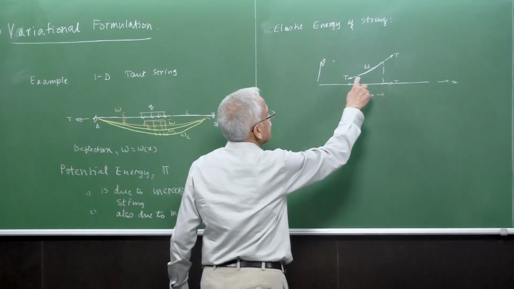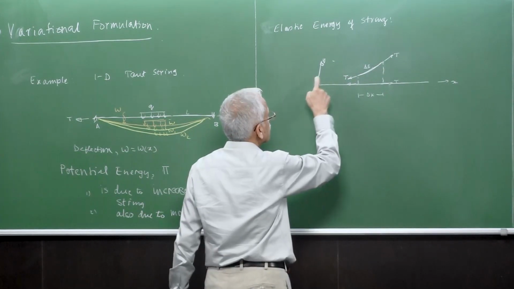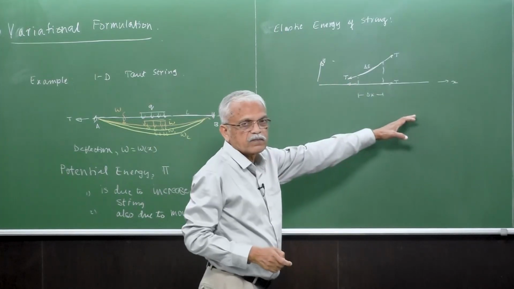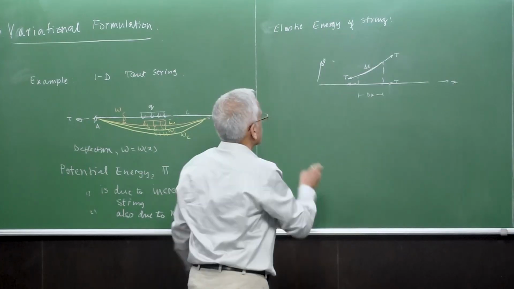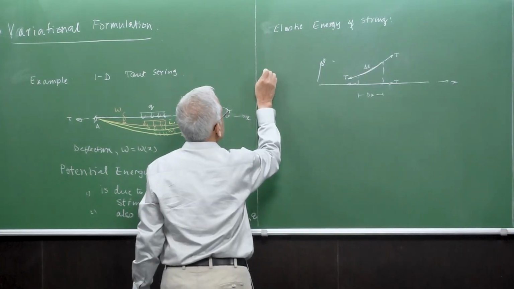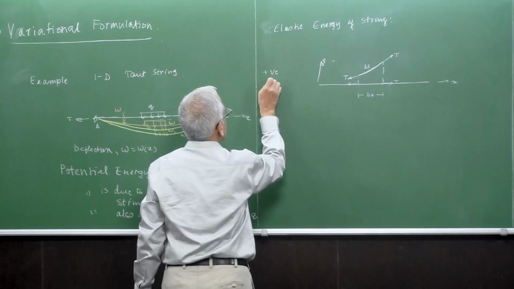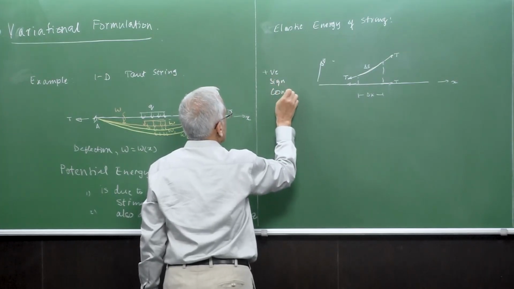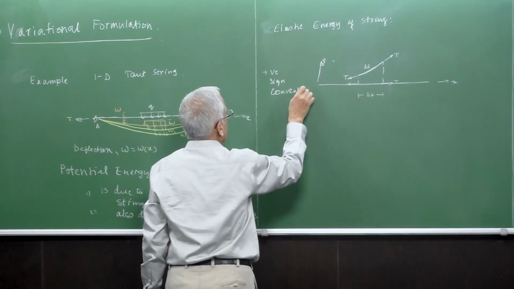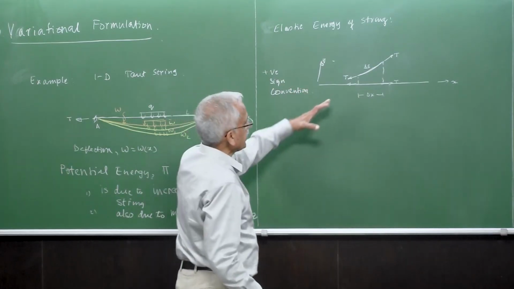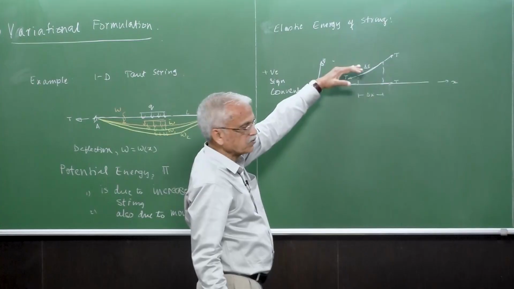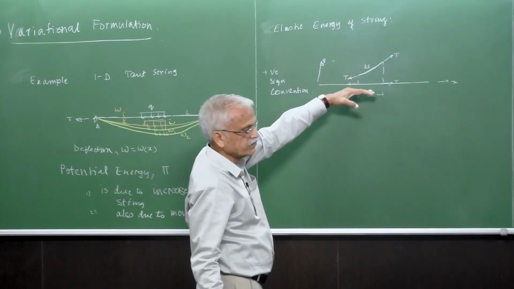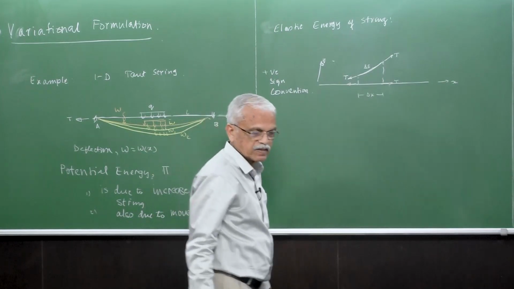So what is the new distance delta s? Again, I recall to you that I am following a positive sign convention here. Everything in the positive direction is considered to be positive, in the sense that the deflection of the string is in the positive direction.